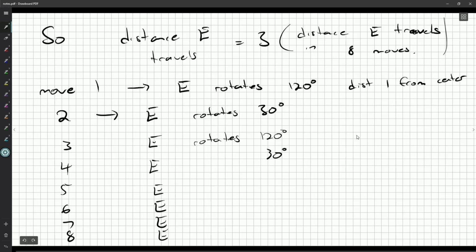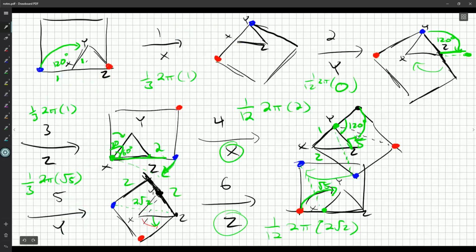And it just seemed to alternate 30 degrees, 120 degrees, 30 degrees, 120 degrees, 30 degrees for the last one. And then it was a distance of 0 from the center. And then the next one was a distance of 1 from the center. And then a distance of 2 from the center.